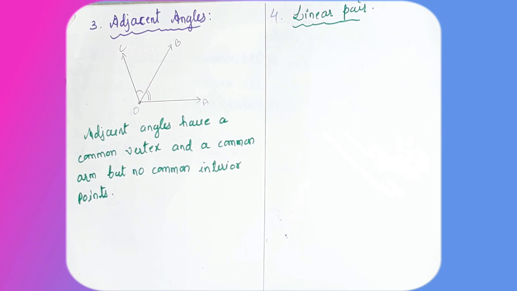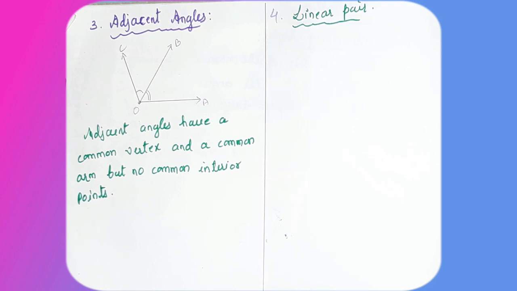The second one is supplementary angles. The third one is adjacent angles. The fourth kind of angles is linear pair. What is a linear pair then? A linear pair is a pair of adjacent angles whose non-common sides are opposite rays.